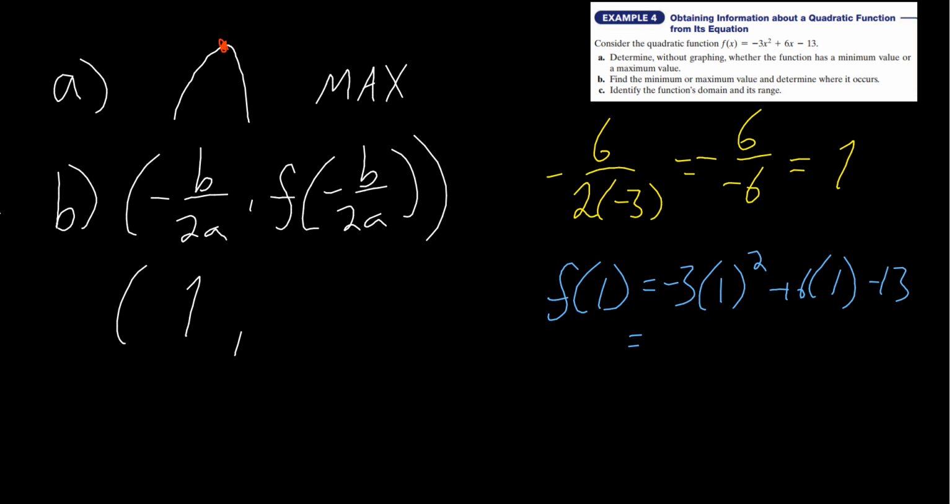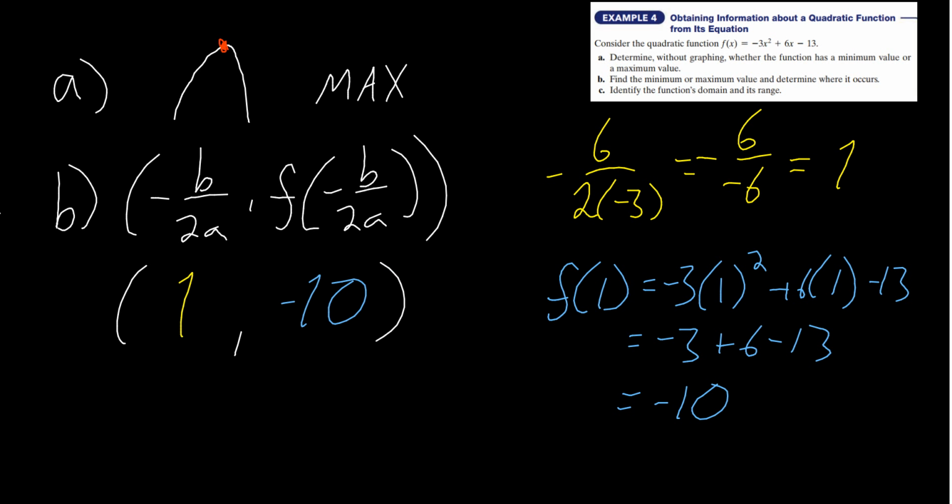So we've got negative 3, 1 squared is 1, plus 6 minus 13. So negative 6, so we have negative 10. So the vertex is (1, -10). That is the maximum value.